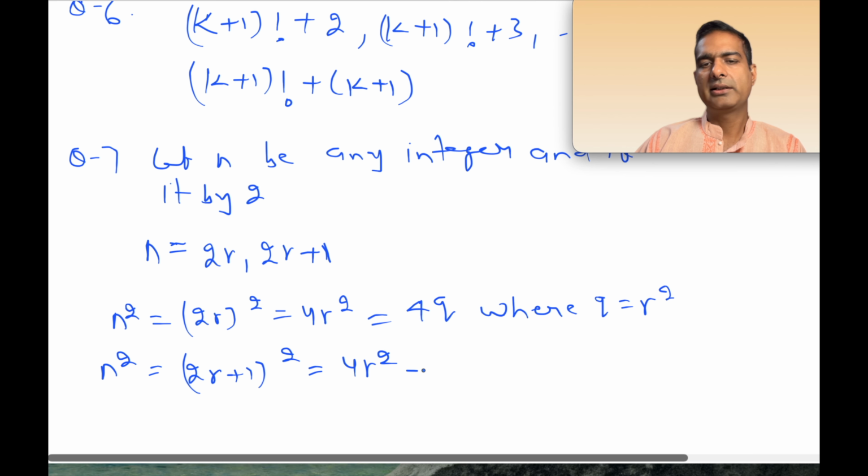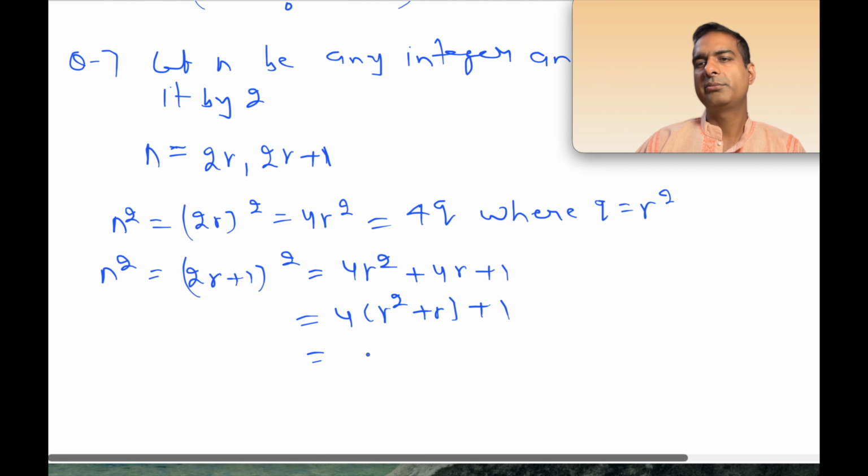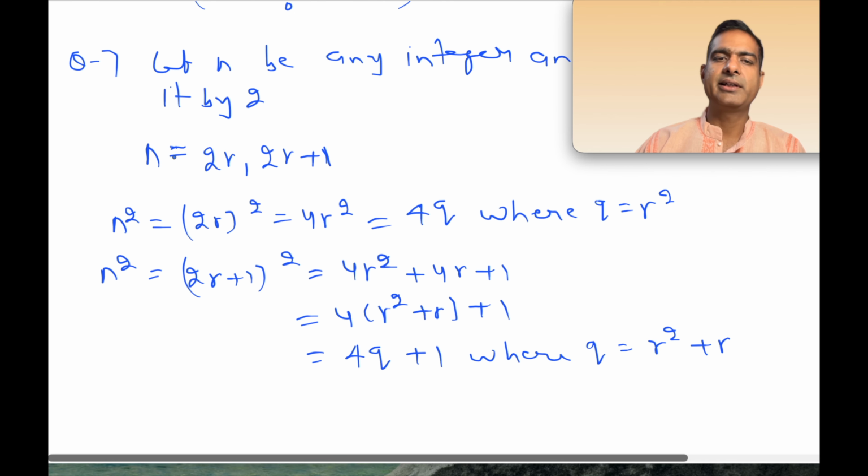It will be 4r square plus 4r plus 1. We can take 4 common, so 4(r square plus r) plus 1. Now r square plus r will be some integer, so we can write it as q, where q is equal to r square plus r. So we saw that if n is any positive integer, then its square will always be of the form 4q or 4q plus 1.